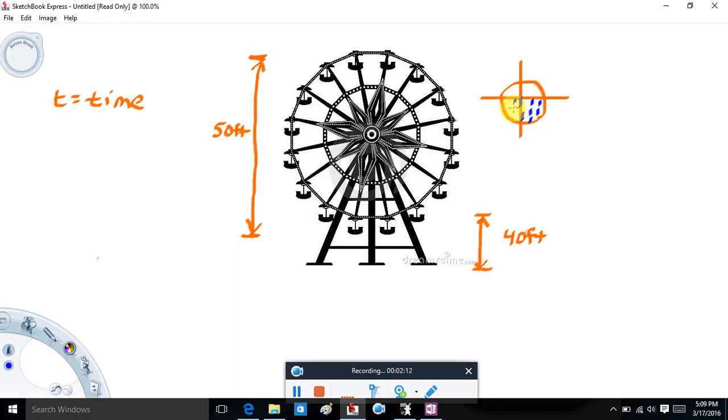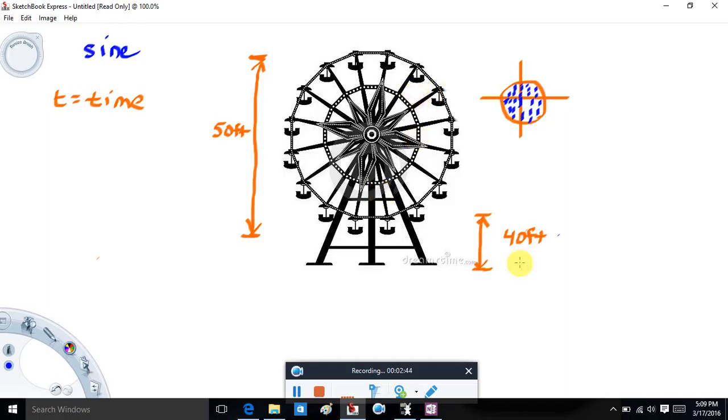So we know from our study of trigonometry that the y-coordinate is represented by the sine function. So we know somewhere there's going to be a sine function involved. Okay, so now given that information, how can we determine the function itself?